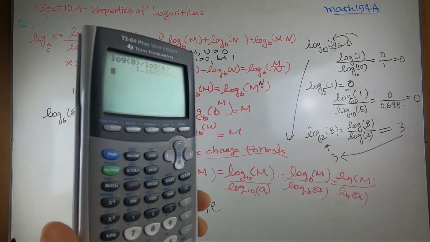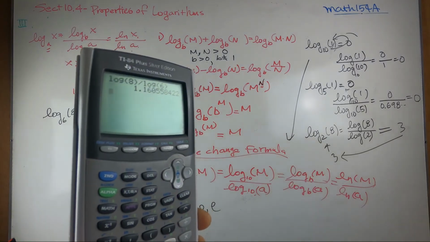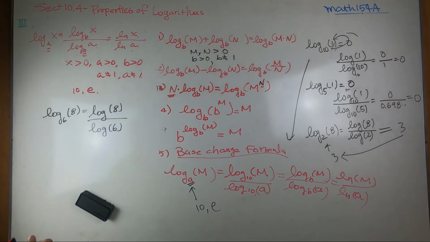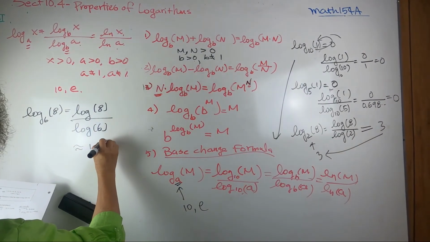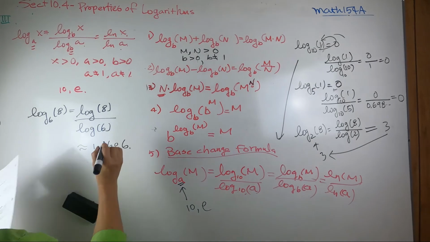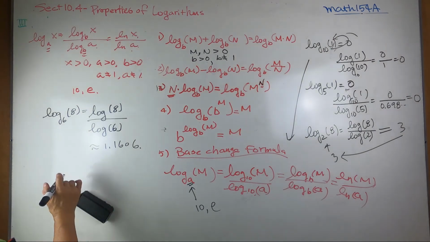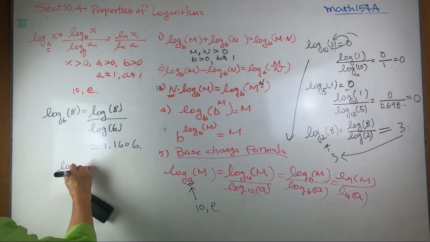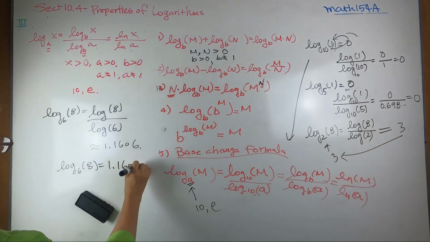Then I hit enter. What do I have? Can you see it? It's about 1.1606. Okay? And so we say log base 6 of 8 equals about 1.1606, right?